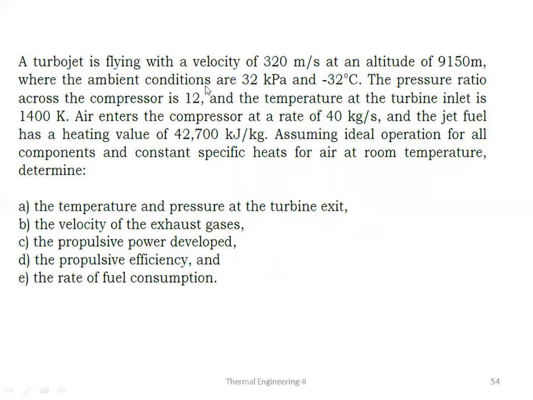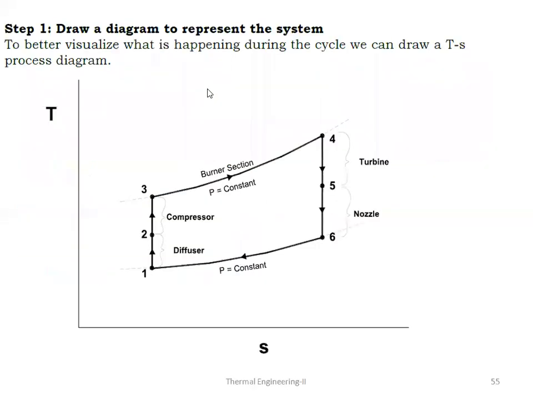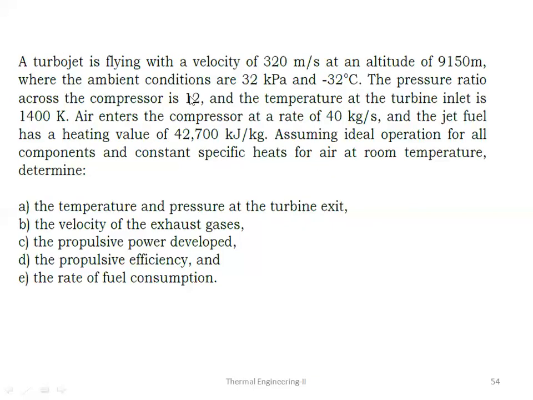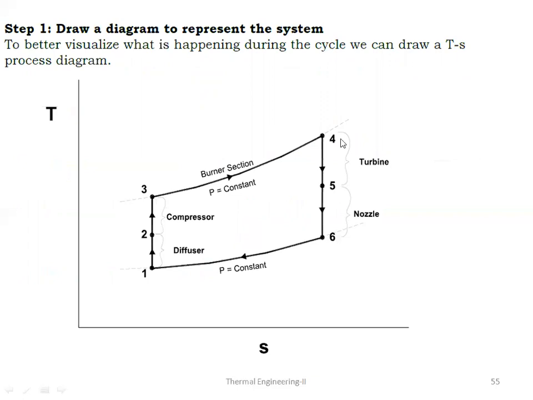Also, the pressure ratio in the compressor is given, and the compressor process is from 2 to 3. Therefore, the pressure ratio can be defined as P3 by P2, which is equal to 12. The temperature at the turbine inlet is given as 1400 degrees Kelvin. So point 4 is the inlet of the turbine, and point 5 is the outlet of the turbine.